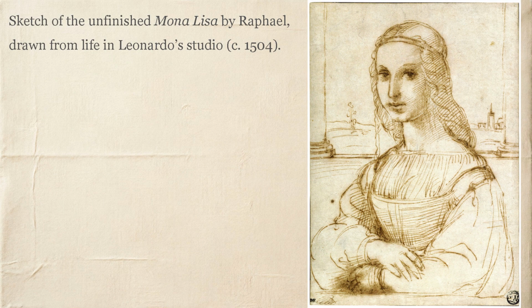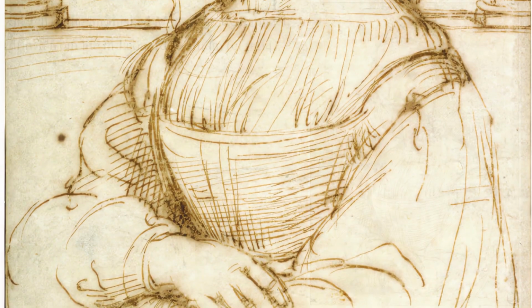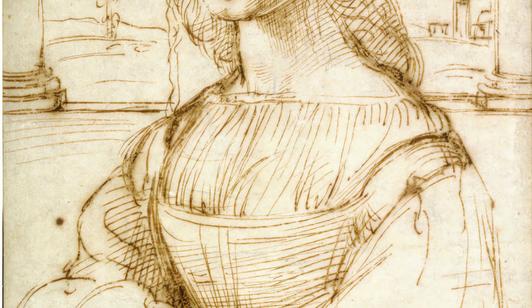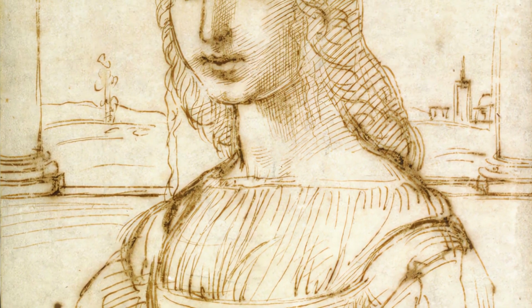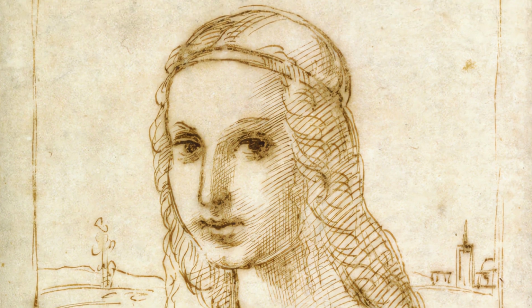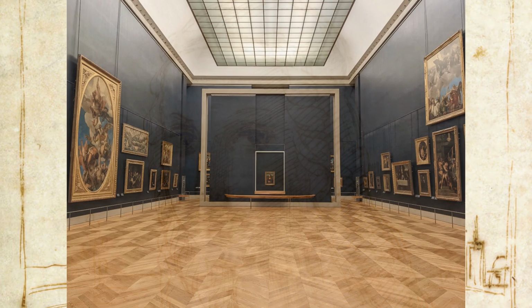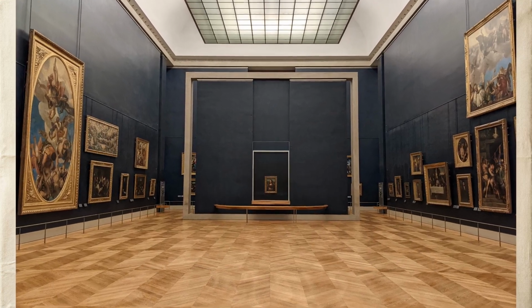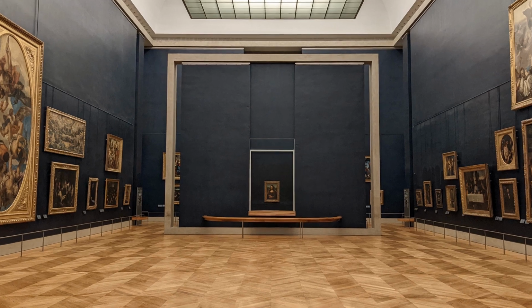Leonardo worked on the Mona Lisa for 16 years. He dragged this canvas everywhere he went, to Milan, to Rome, and eventually to France, where he was invited by King Francis I. That's where Leonardo died in 1519, which is why the Mona Lisa ended up in the French Royal Collection and ultimately in the Louvre, rather than in Italy.